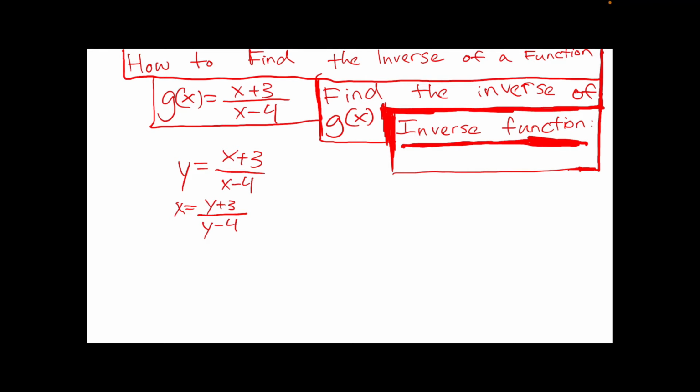And now we're going to multiply both sides by y minus 4 because we want to get this out of the way. So these two y minus 4's cancel each other out. And now we have y minus 4 times x equals y plus 3. Before we move on, I'll just use the distributive property to distribute the x.